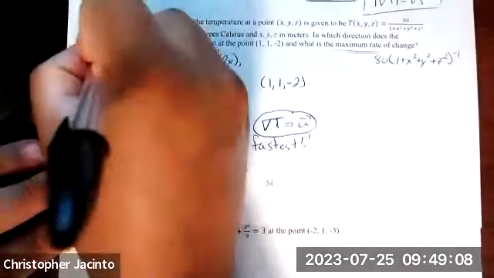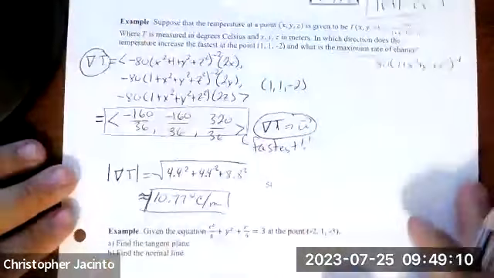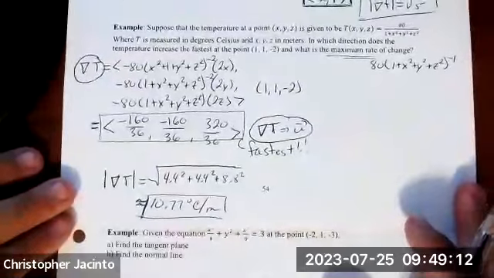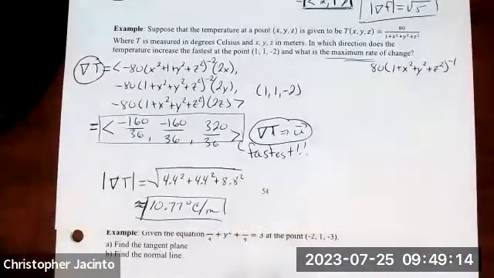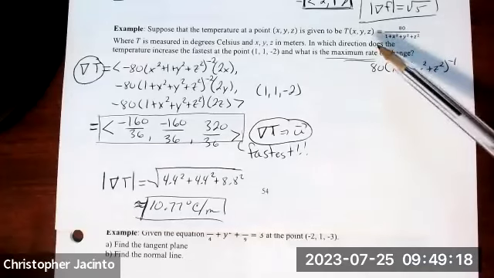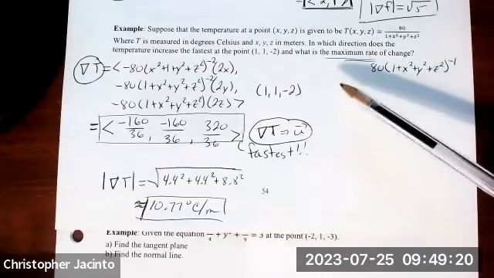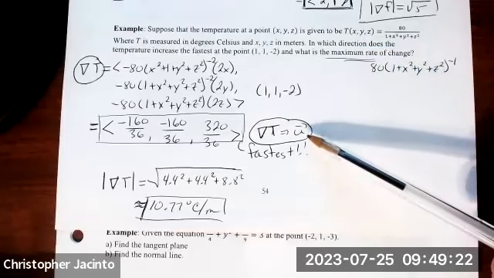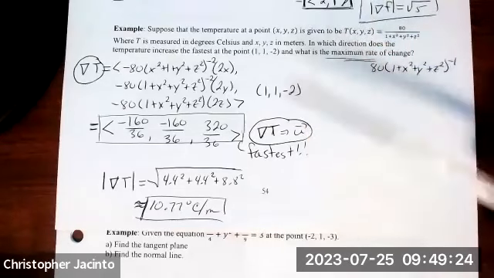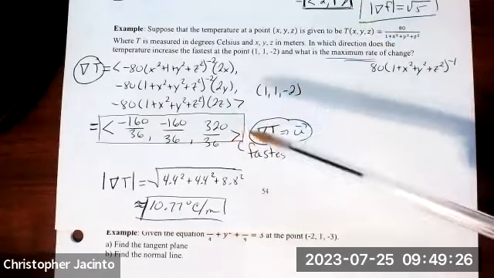So that's why once we find this, the maximum is always at the point itself. That's going to be the fastest direction. Now, if we're given a different unit vector here, then we could find the directional derivative at that unit vector. But if you want to find the maximum, the unit vector is exactly where the gradient is itself.